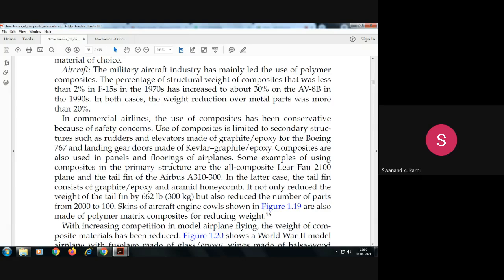So composites are used in panels, flooring of aeroplanes. Primary structure of all aeroplane, all composites, means fan is also made from this, tail fin of Airbus. Airbus is one of the kind of example of this aircraft. So Airbus A310 or 300 also have more applications of the composites.